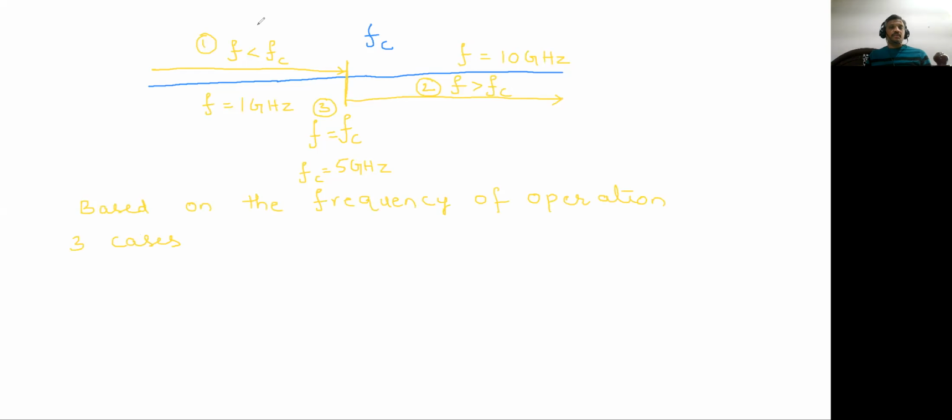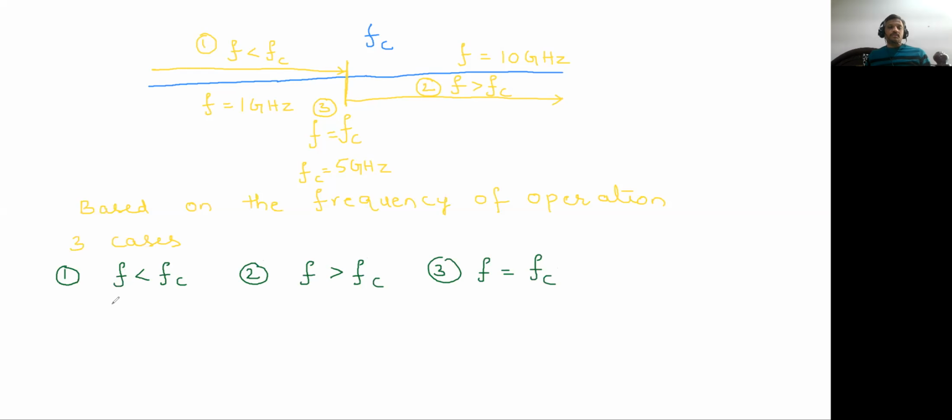We'll always have three cases. The first one is F less than Fc, the second one is F greater than Fc, and the third is F equal to Fc.